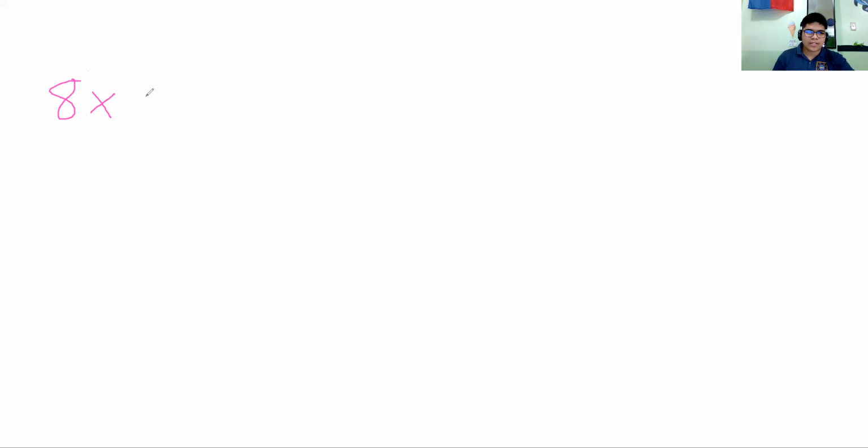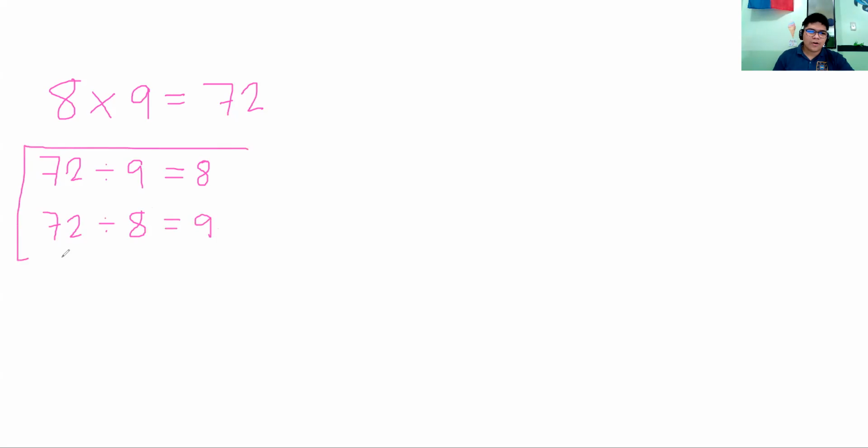If you know the multiplication table, like 8 times 9 equals 72, you will know two things. 72 divided by 9 is 8, and 72 divided by 8 is 9. So you see, it's the inverse of multiplication. Okay, so that is division.